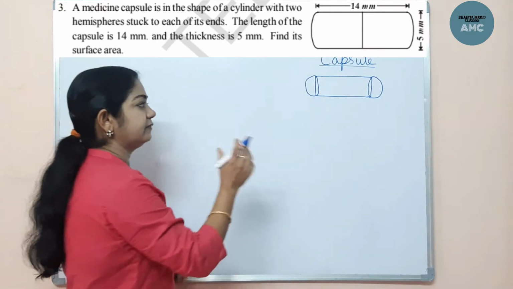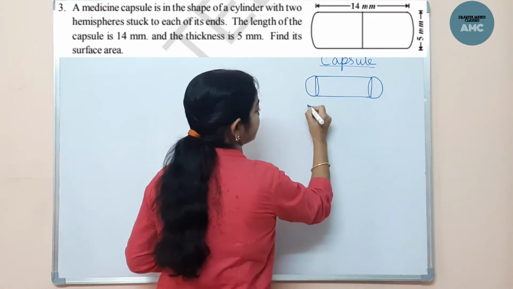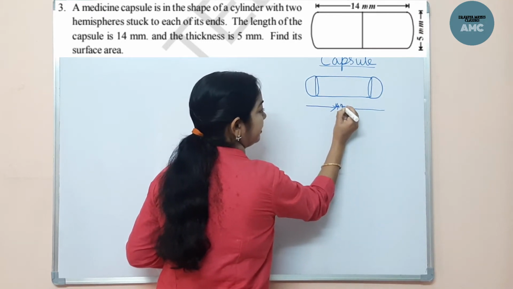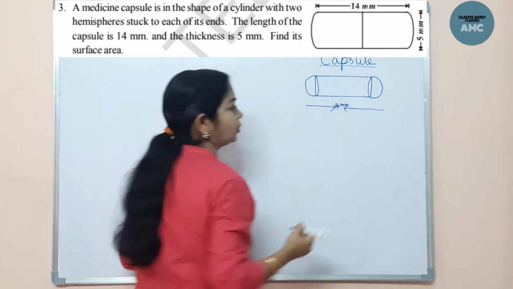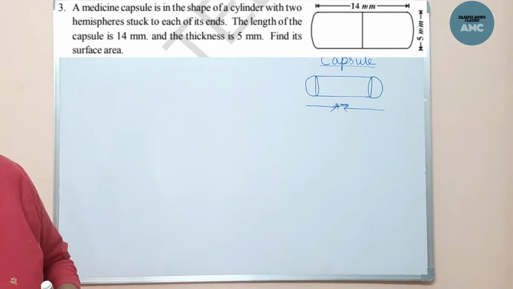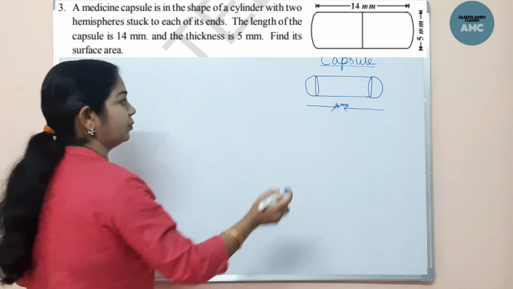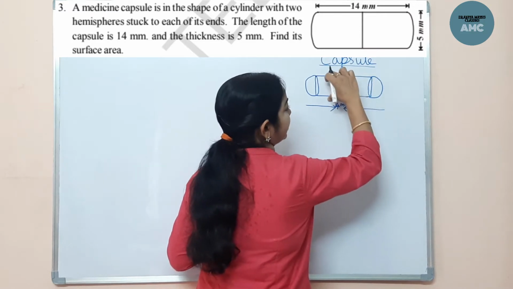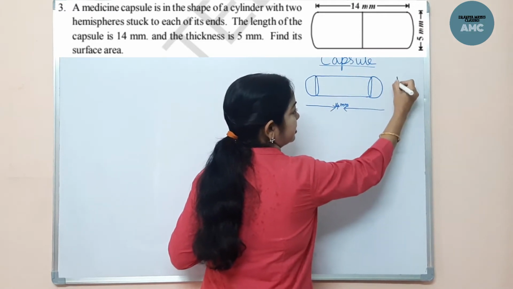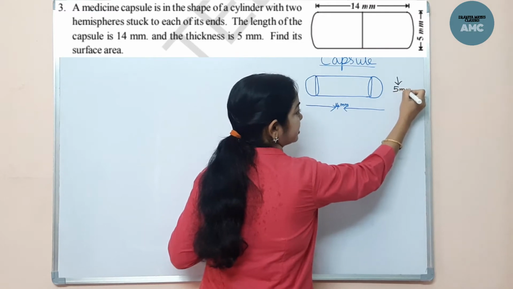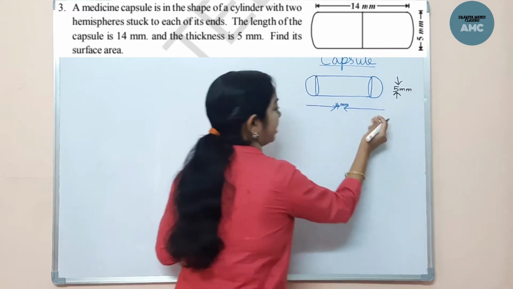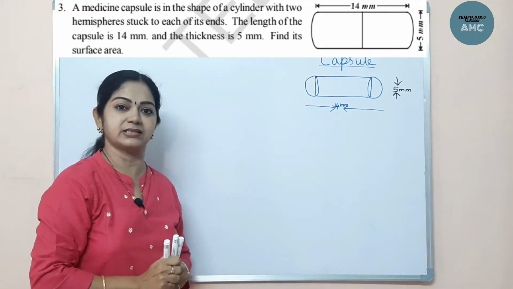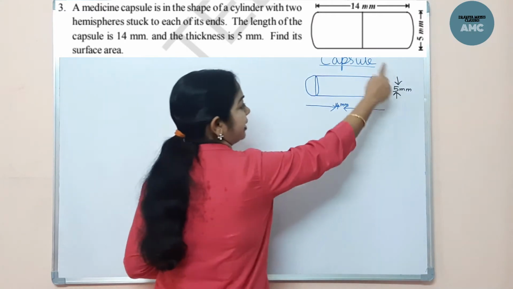The total length of the capsule is given as 14 millimeters, and the width of the capsule, this part, is given as 5 millimeters. This is the information given, and we are asked for the surface area of the capsule.